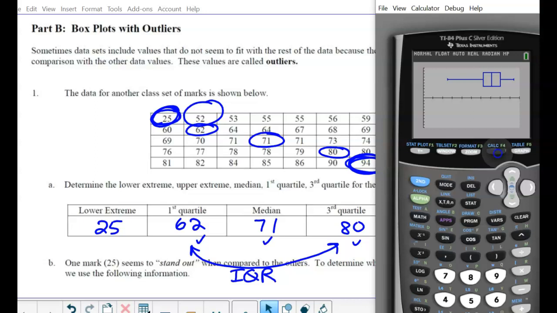Okay, so if I go trace on this, there's your median, quartile 1, and your lower, etc. Okay, so the second type of box plot in there does not show the outlier.